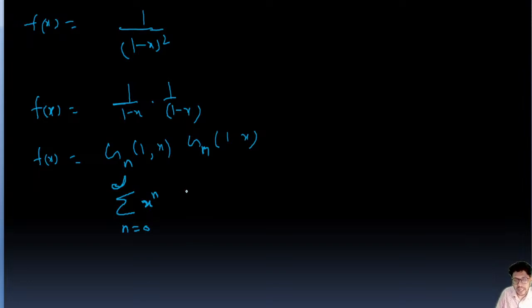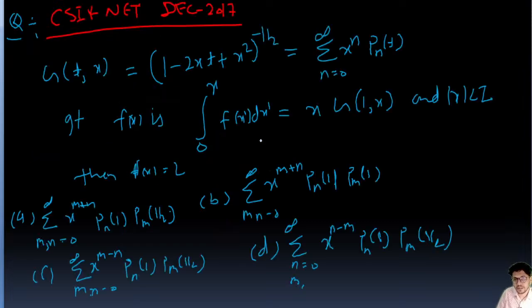x to the power n, and this is going to be pn1, right? Into this we can write the sum over m equal to 0 to infinity of x to the power m, pm1, right? We can write this like that, because this value is this, and here this value is this.